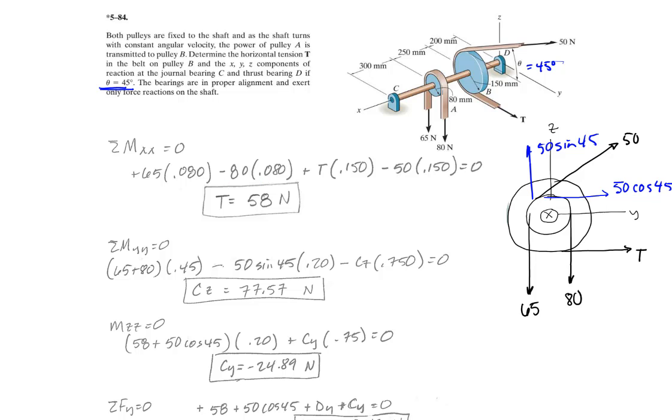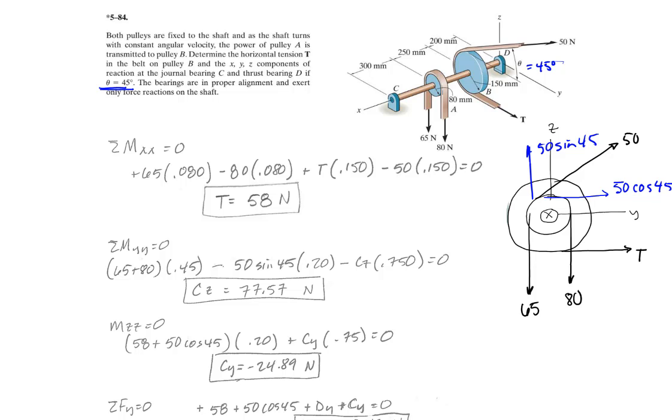Each one has a lever arm of 80 millimeters. Then I have this torque going in the positive direction, with the unknown force. The lever arm is 150, the radius of the shaft. Then this one is going to be 50 times this lever arm, going in that direction.